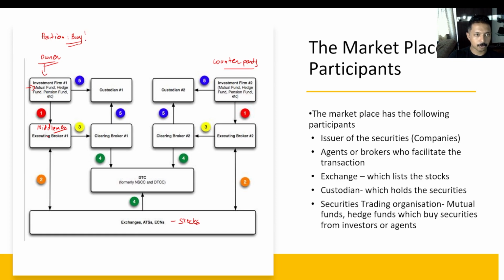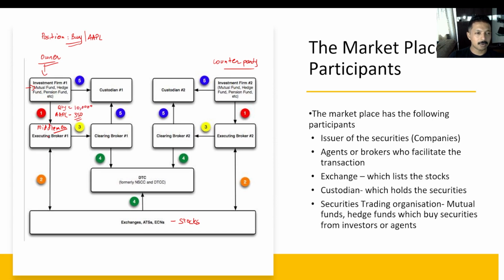Okay, and let's say we want to buy Apple stock. So the investment firm has decided that it wants to buy this Apple stock. So it approaches its executing broker, and it tells him that, okay, I want to buy AAPL at, let's say, and I'm giving you a hypothetical price, 350, and the quantity is, let's say, about 10,000 shares.